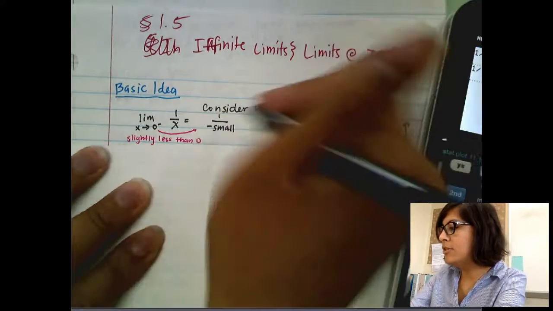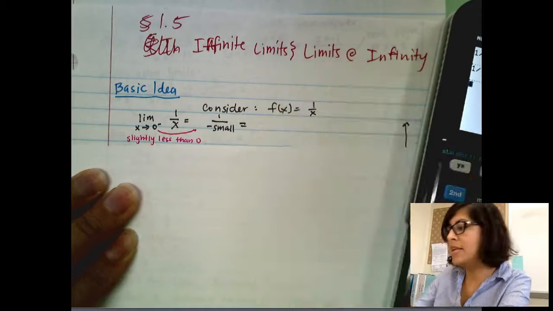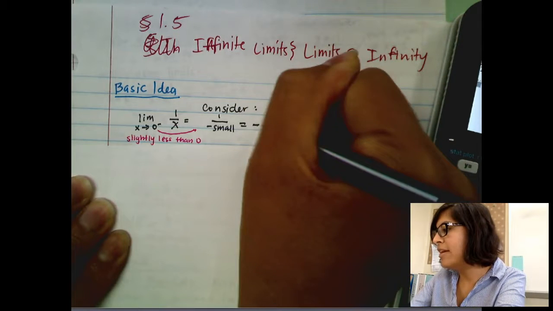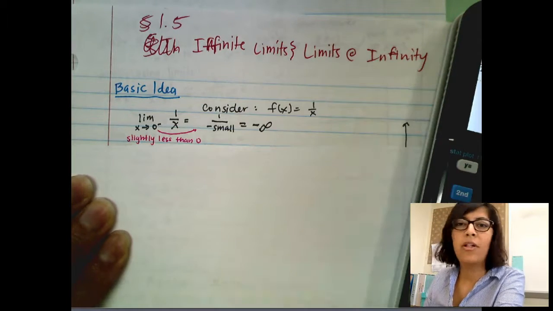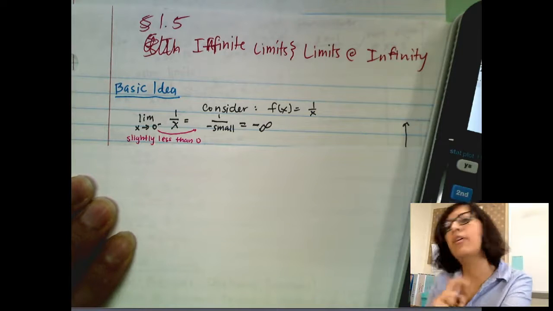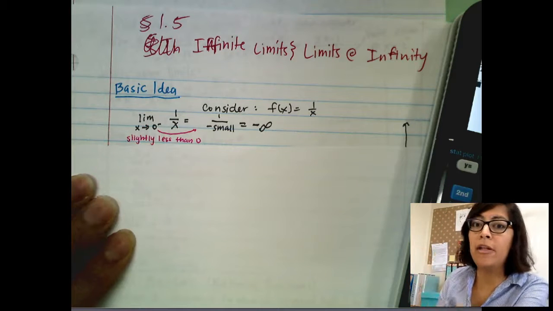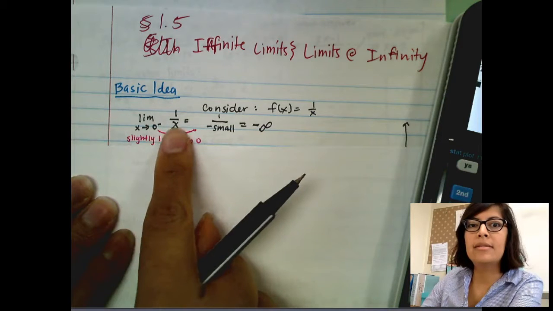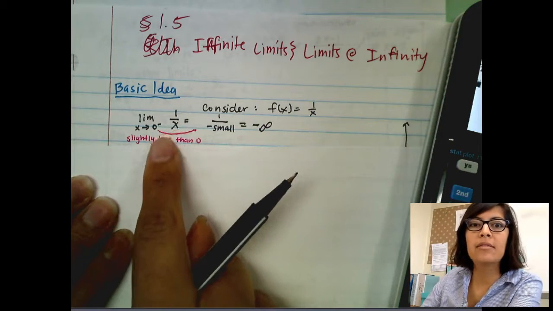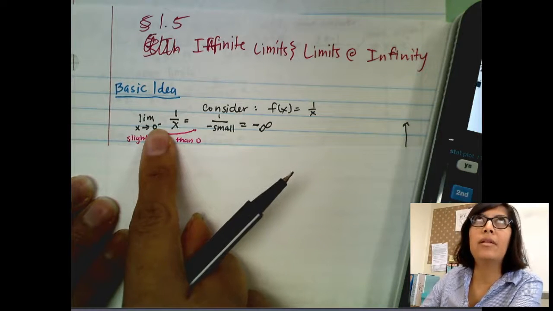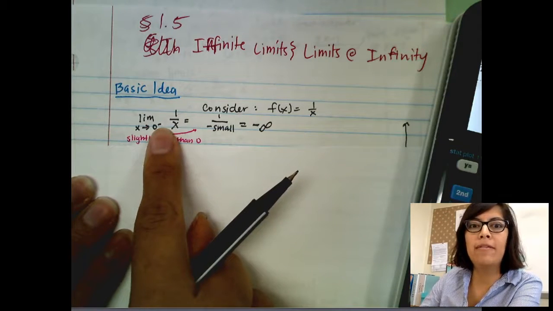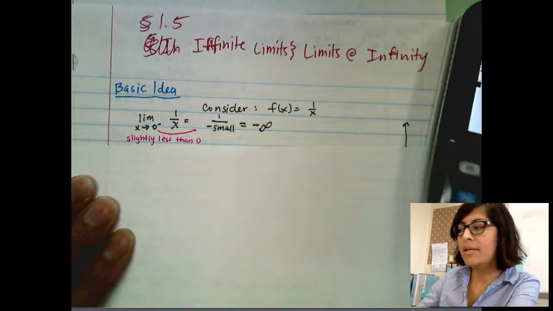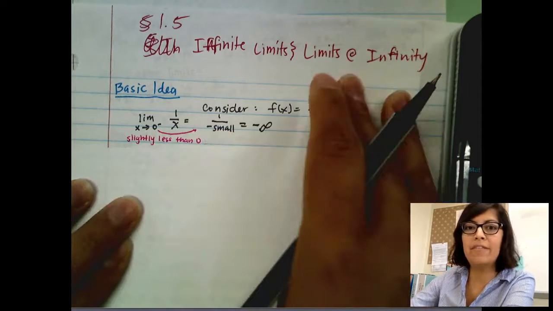The limit for this one is a very large negative number. Its absolute value is very large. So the limit as x goes to 0 from the left side of 1 over x is negative infinity, because again, it's 1 over a very small negative number.